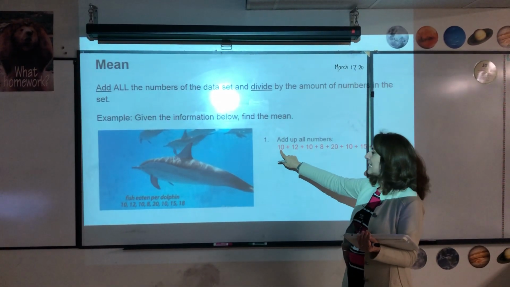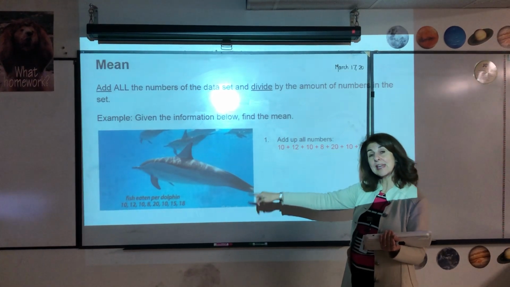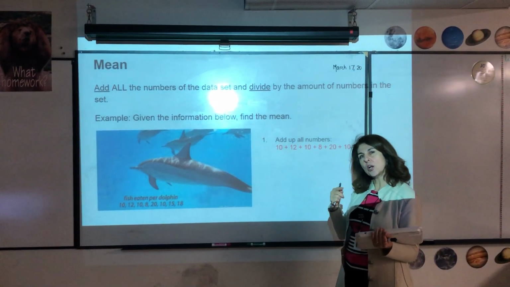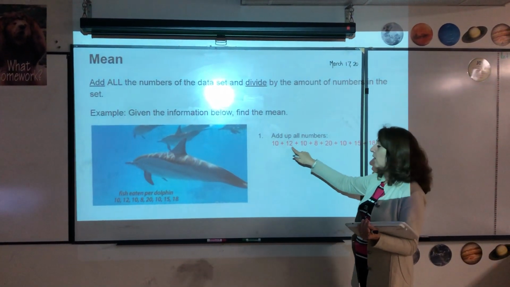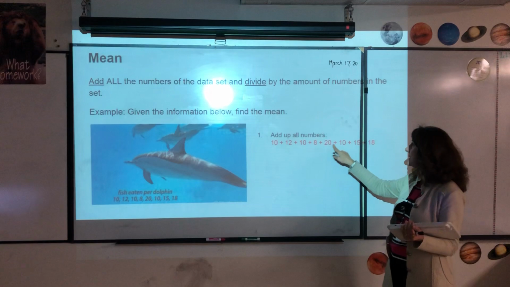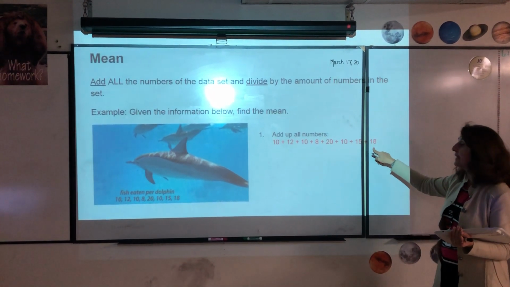Here we have 10, in the same order that it was there. Later on, I'm going to show you that there is an easier way of doing this. So 10, 12, 10 again, 8, 20, 10 again, 15, and 18.